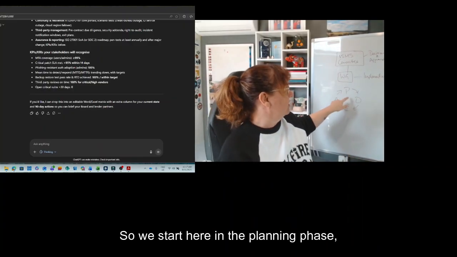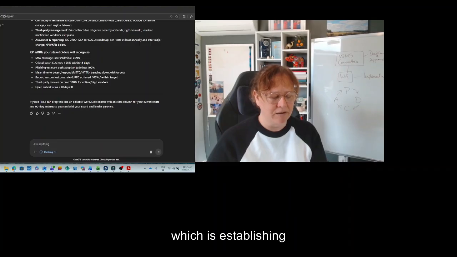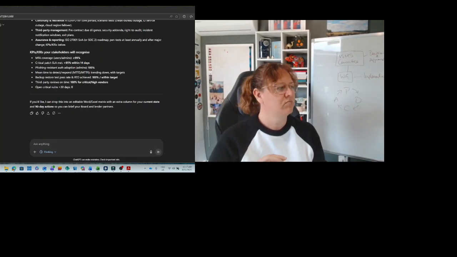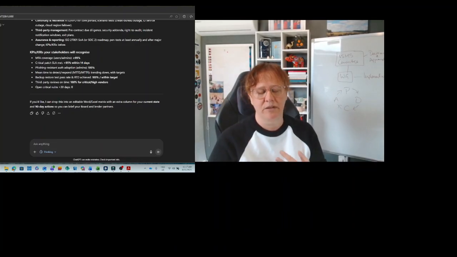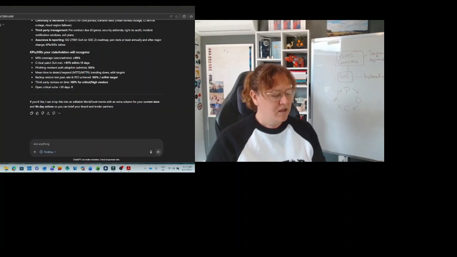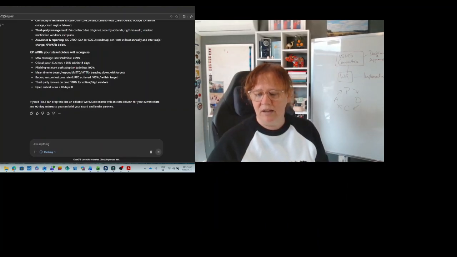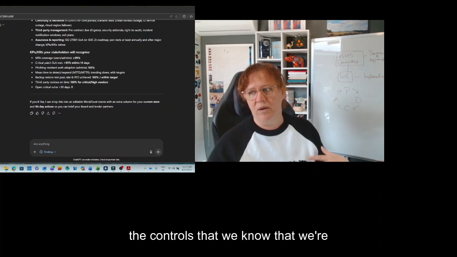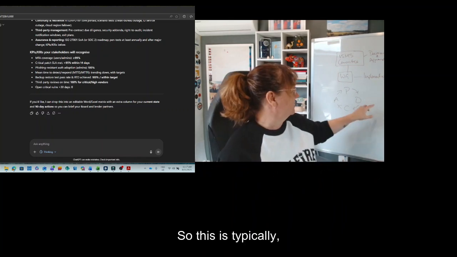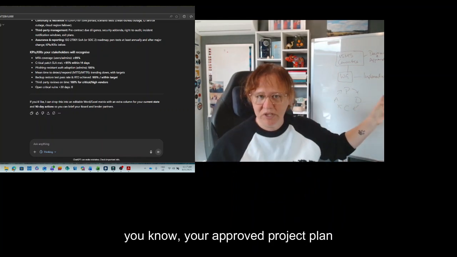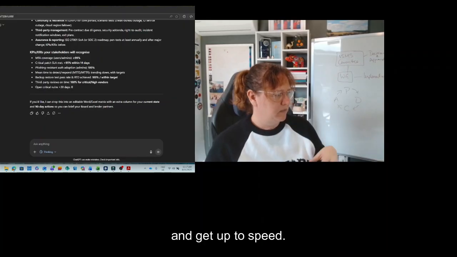So we start here in the planning phase, which is establishing context. Why is it important to us? What do we need to focus on? Do is implementing the controls that we know that we're weak in. So this is typically your approved project plan to get up to speed.